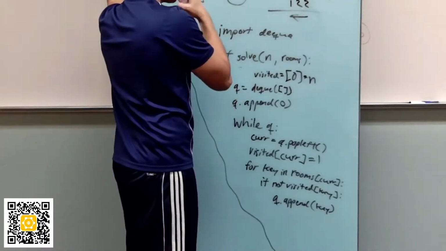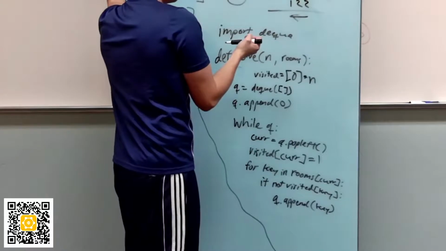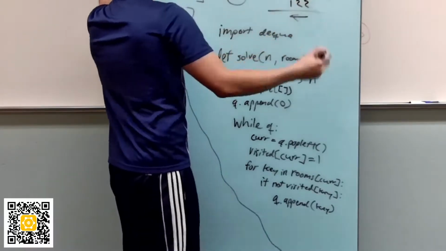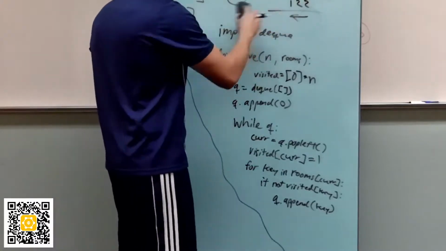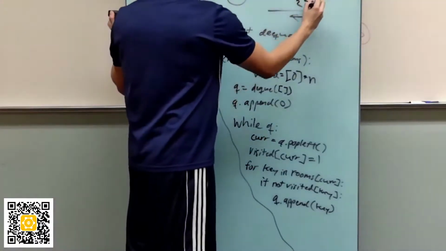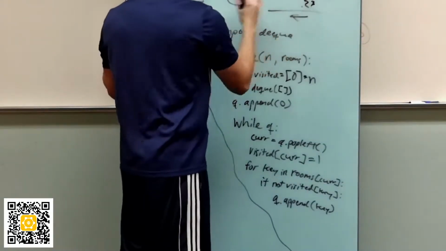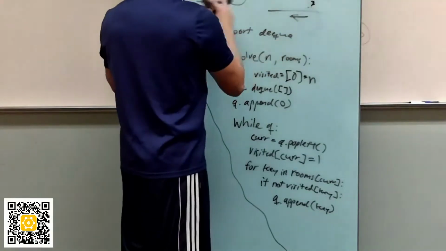Maybe. It's not going to be a big deal. Okay, it's not a big deal. This is going to work. And so it's going to be 2, 2 to 3, pop 2, pop 2 again, and pop 3.